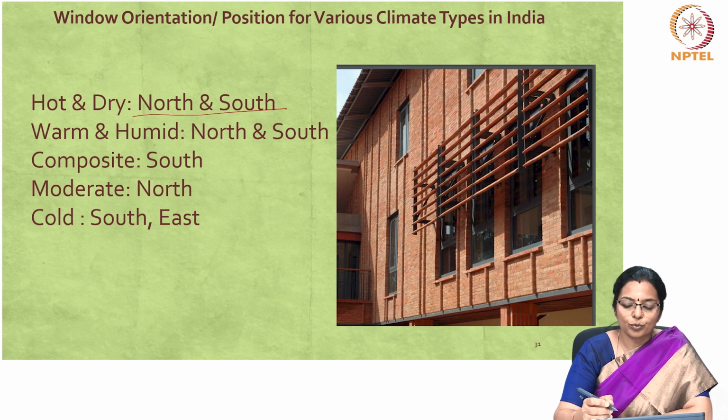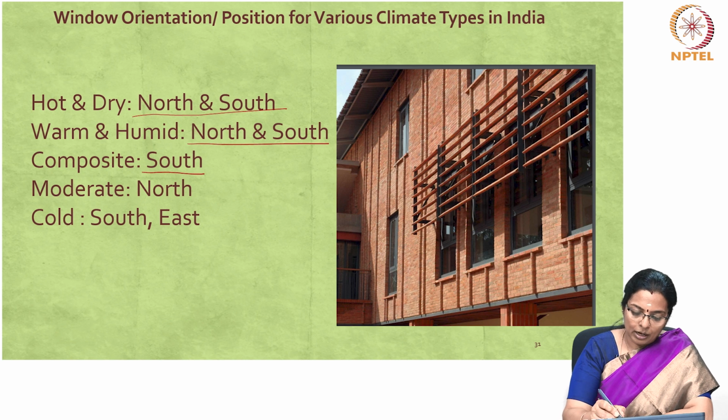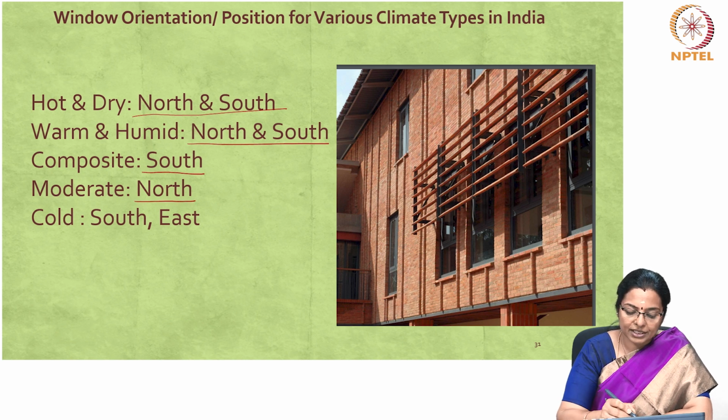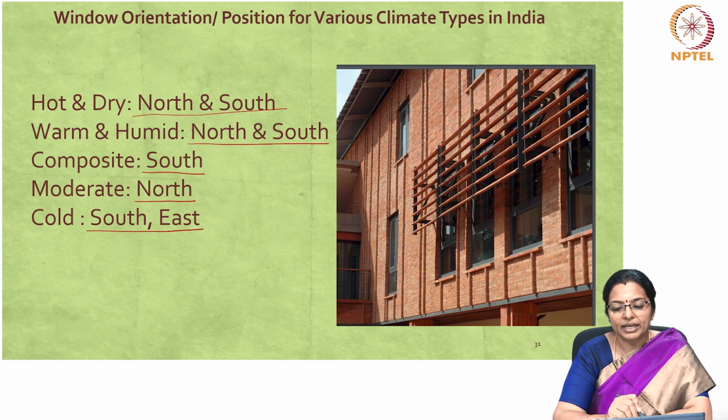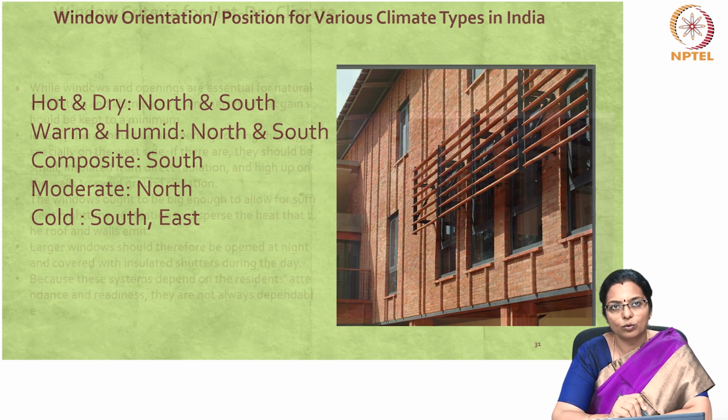For warm and humid, the best window orientation is along north and south. For composite climates, south is a better orientation. For moderate and temperate climate, north is a better orientation. For cold climates, south and east is a better orientation for the windows.